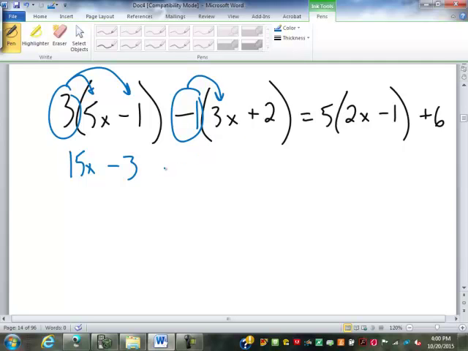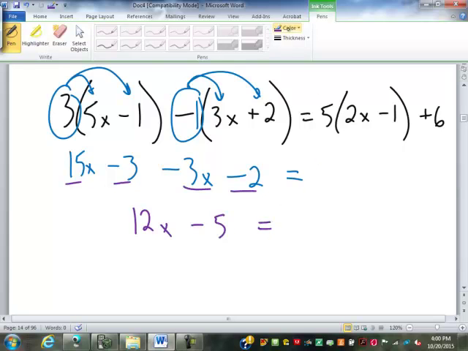So negative 1 times 3x is negative 3x. Negative 1 times 2 is a negative 2. Now we can still combine 15x and negative 3x, 12x. Negative 3 and negative 2 make negative 5.